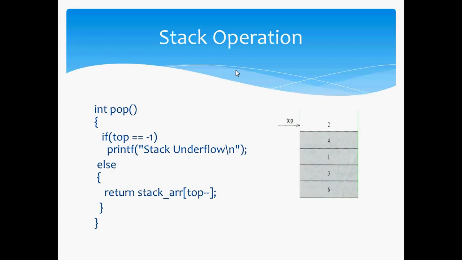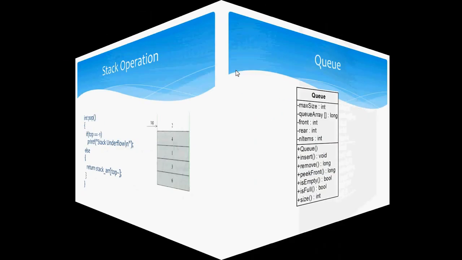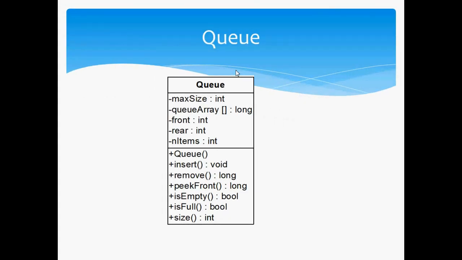If we move on to the queue, it's the same thing. Instead of top, we have front, rear, and the number of items. Front identifies where the front element is, rear identifies where I should put the new element, and then the number of items in the queue. You can implement these straightforwardly.